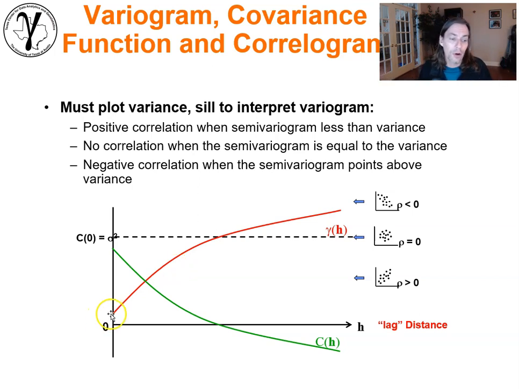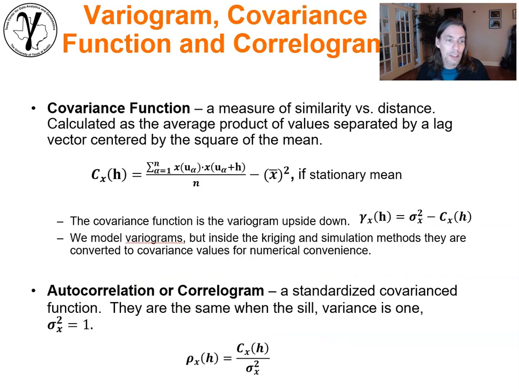So the variogram starts with a low value of dissimilarity and becomes more dissimilar. The covariance function starts at a maximal amount of similarity at a distance of 0, equal to the variance of the problem, and then over distance starts to lose similarity, and at some point becomes negatively correlated. Same thing we see when the variogram goes above the sill, negative correlation. So this is pretty useful.